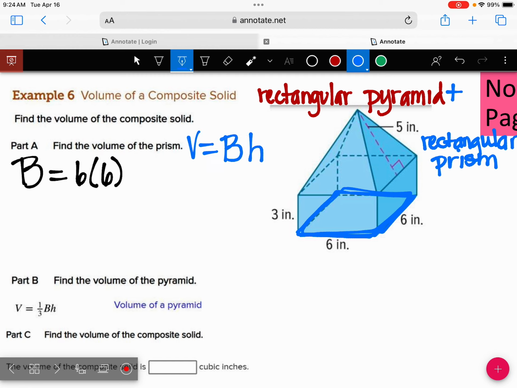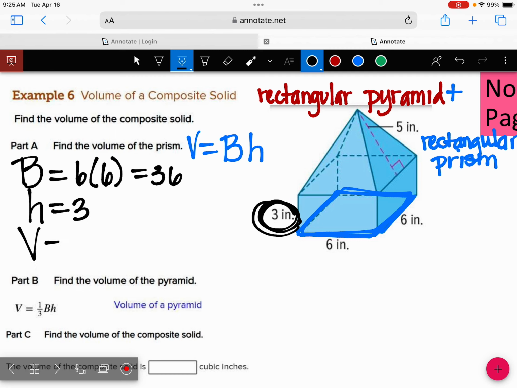Volume of a prism is area of the base times the height. So you're going to figure out the area of the base, which is 6 times 6. Six times 6 is 36. And then you're going to figure out the height. So I'm only looking at the height of the prism. What is the height of my prism? 3. So to find the volume, you take 36 times 3.